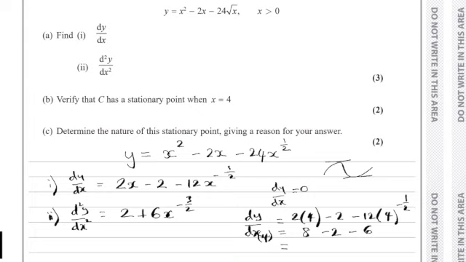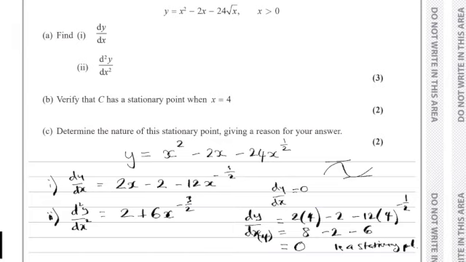And you can see therefore that 8 take away 2 is 6, and 6 take away 6 is 0, so we can conclude that there is a stationary point. Okay.